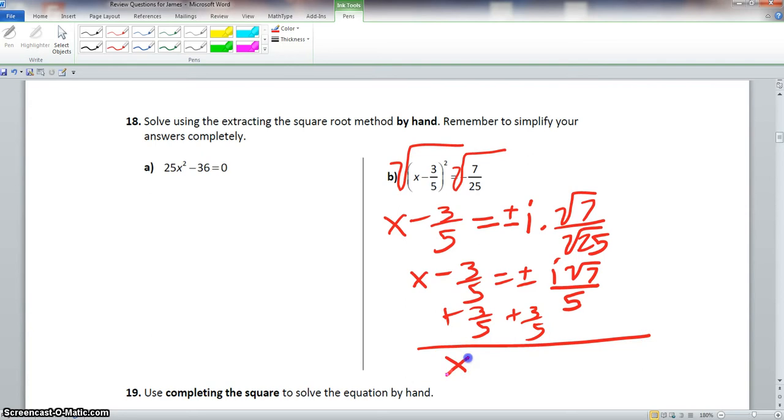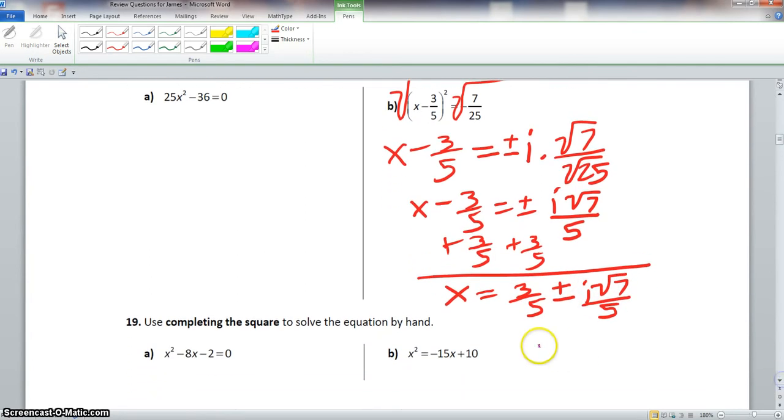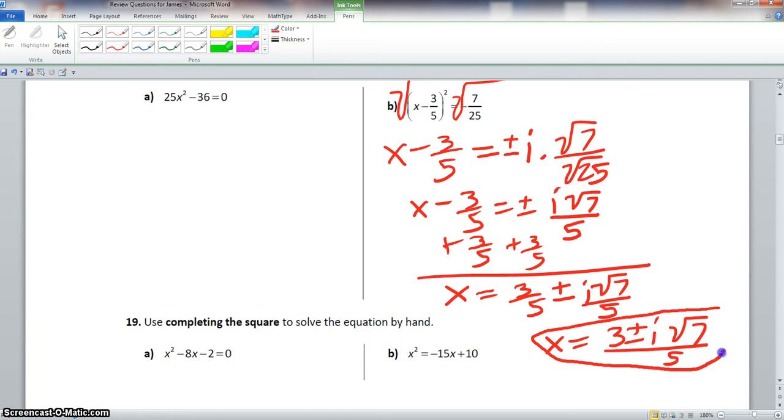And we will have x is equal to 3/5 plus or minus i square root 7 over 5. Now, because both of these have the same denominator, we can combine them. So we will have x is equal to 3 plus or minus i square root 7 all over 5. And that is our final answer.